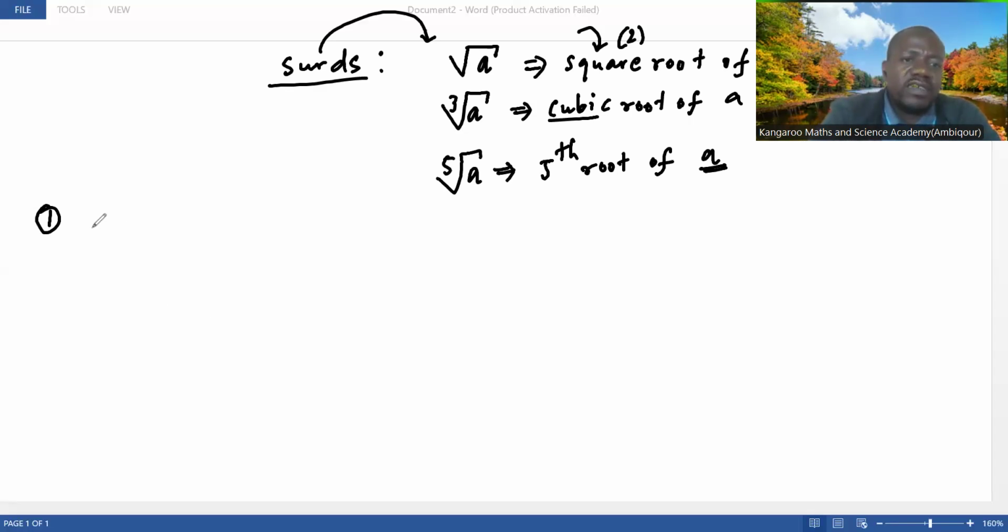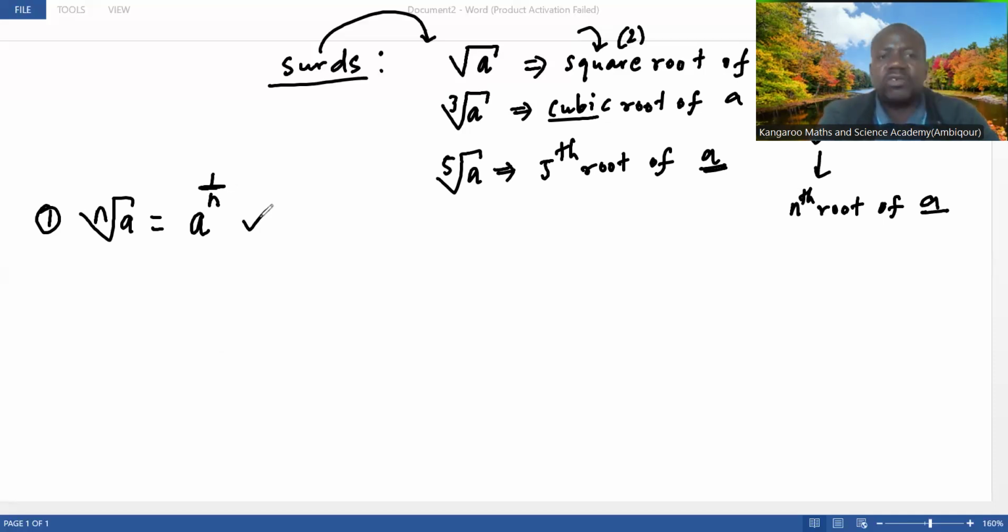Let me write this because I did not explain: the nth root of a. The first law of surds says that if I have the nth root of a, this is the same as a to the exponent of 1 over n.